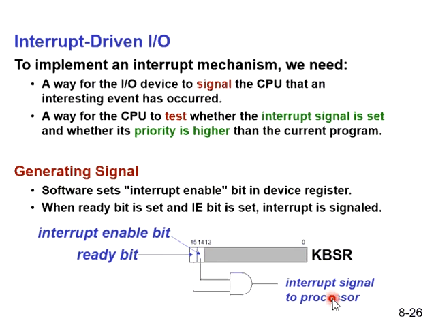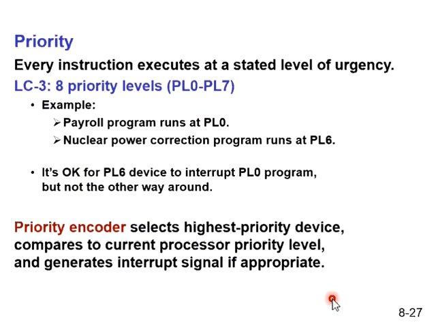Because I just mentioned priority, when you want the CPU to stop the current program, it has to change the priority. In the LC3 you have priority levels from level 0 to level 7.